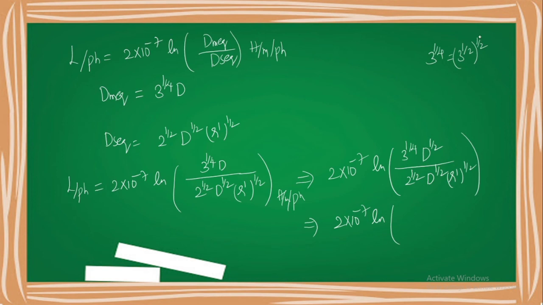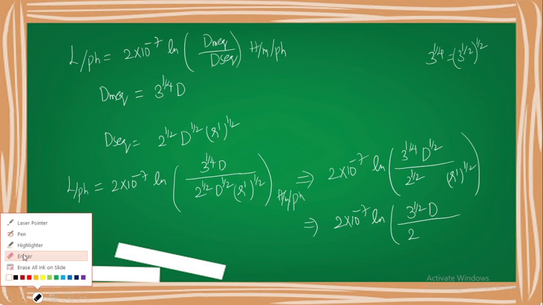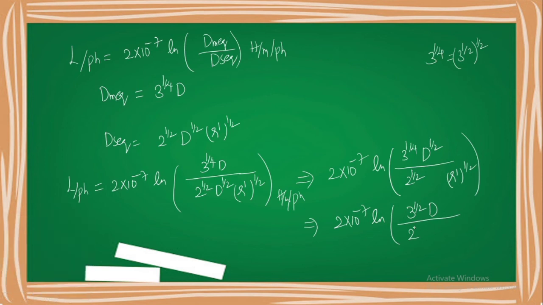So 1 by 2 will give 1 by 4, right? So 3 power 1 by 2 whole power 1 by 2, and I can write this as 3 power 1 by 2 into D divided by 2, sorry, I made a mistake, sorry again. You will not get D here, because here you will get D power 1 by 2 in the numerator directly. Now it is 2 R dash whole power 1 by 2.